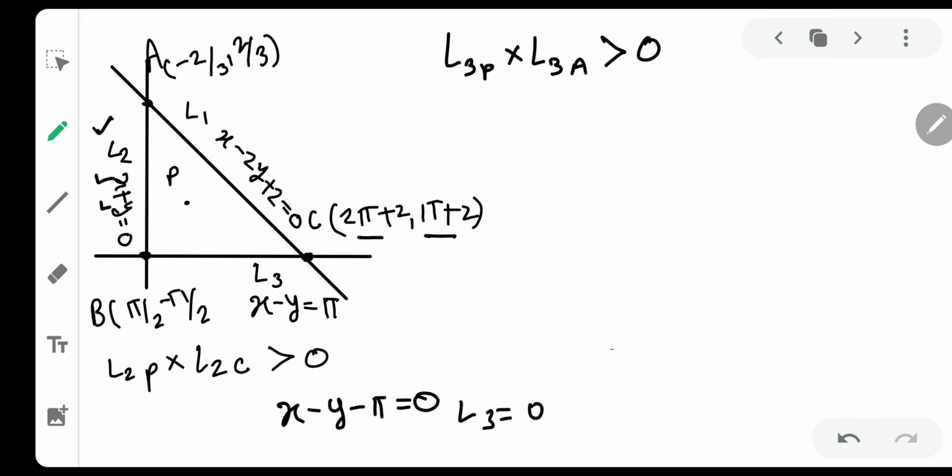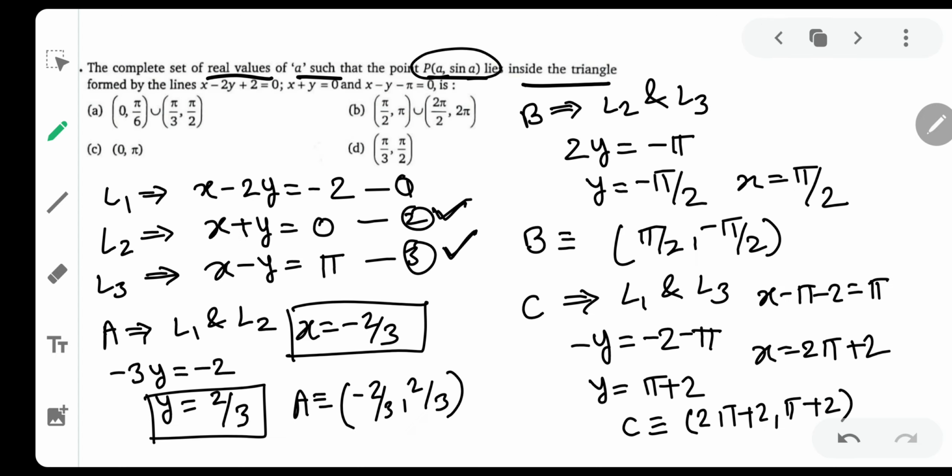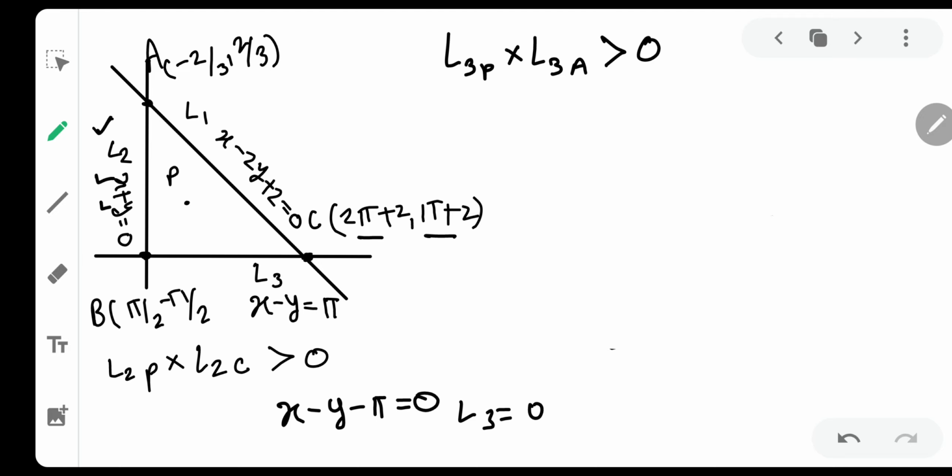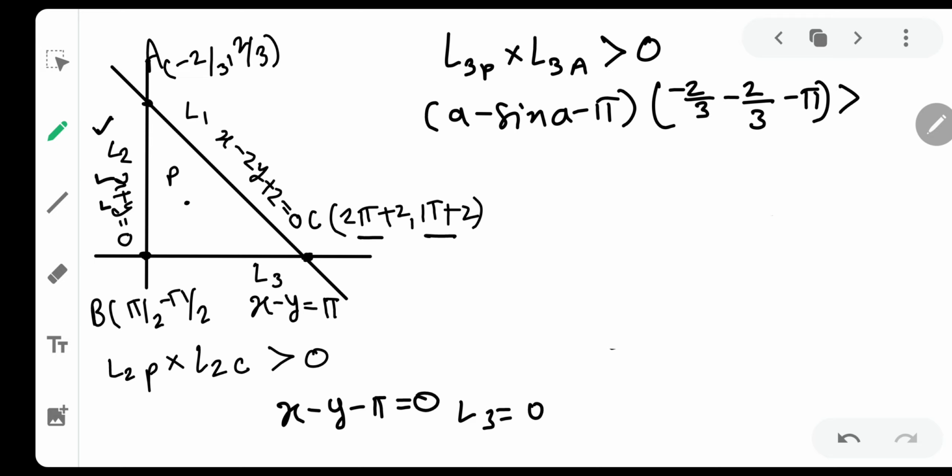Okay, so let us first substitute the value of P. Value of P, as you know, is given as (A, sin A). So x minus y minus pi will be A minus sin A minus pi, that is L3(P). And L3(A) will be something similar: minus 2/3, then minus 2/3, and then minus pi, which has to be greater than 0. Now this is very simple. Check this bracket: negative, negative, negative.